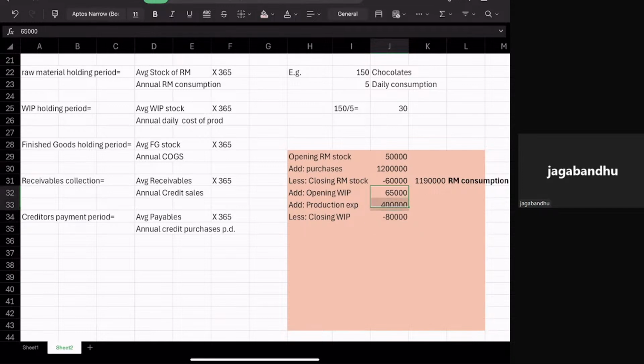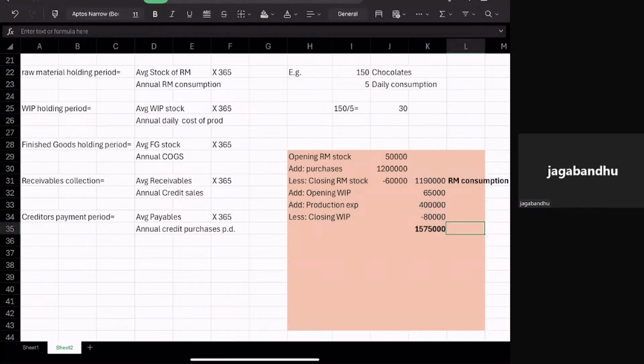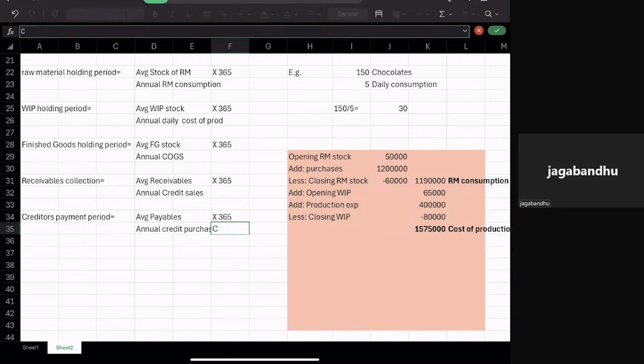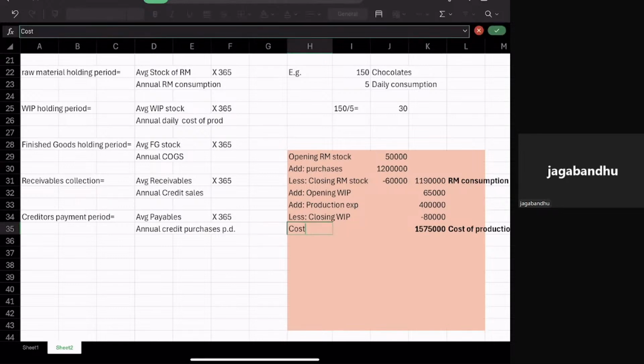So when we do these calculations, what we get over here is this particular number, the cost of production. This is our cost of production.